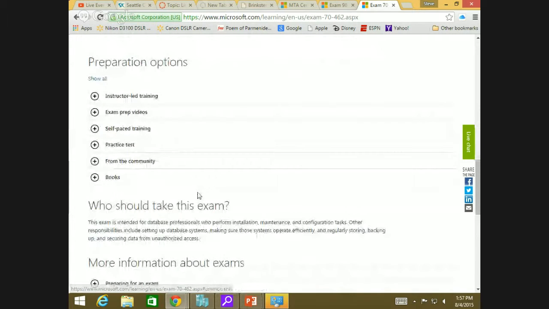So all of these things have classes you can take and books that are all very expensive. The classes tend to run about $2,500 apiece. The books are not horrible, but they're about $120 or so. A lot of them you can find as PDFs, a lot of it for free, even though those aren't the legal copies.